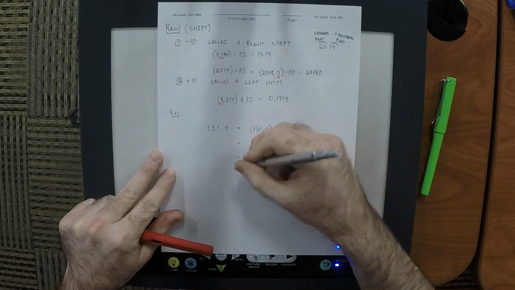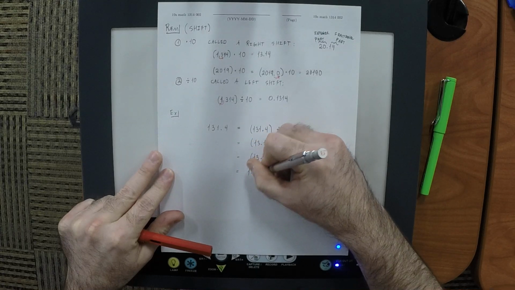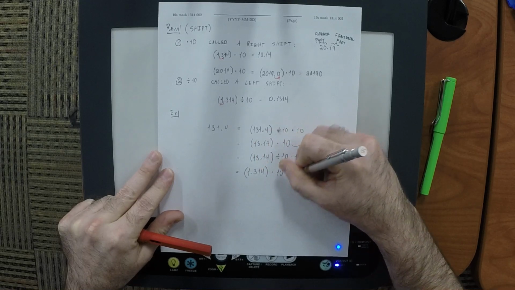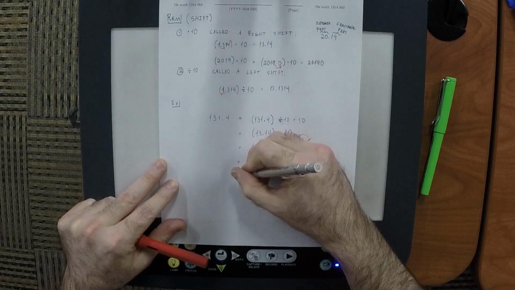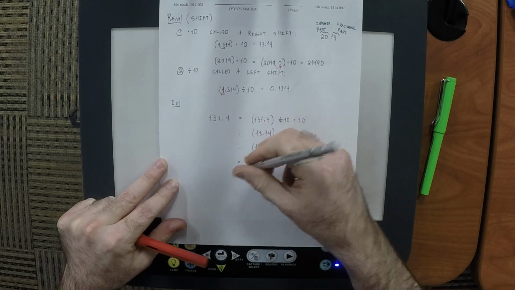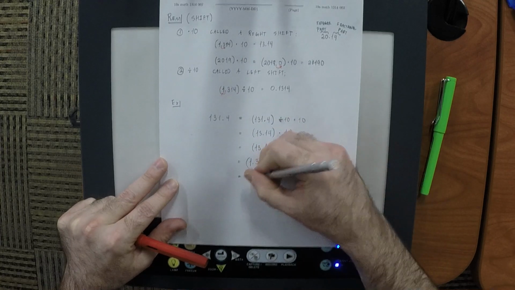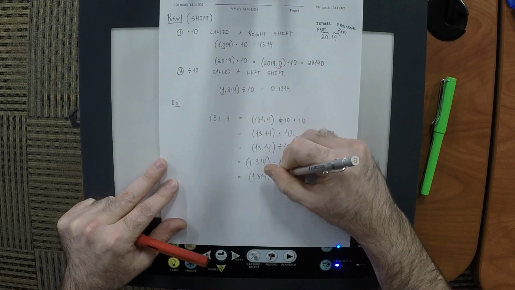Now the result is 1.314, and then multiply 10, multiply 10. Isn't there a nicer way to say that? Like 10 squared. 10 squared is the one I was fishing for. So 1.314 multiplied by 10 squared.